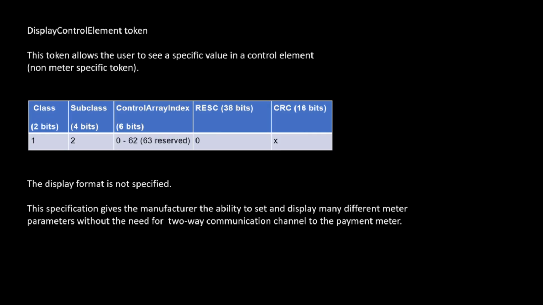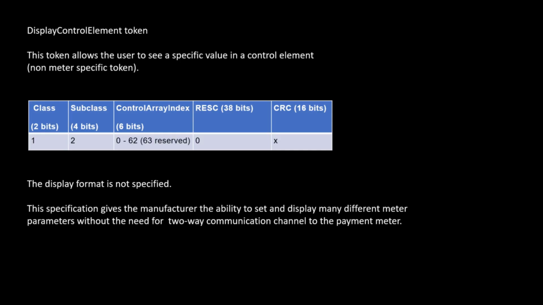Display control element. This token allows the user to see a specific value in a control element. It's also a non-meter specific token, so it should be able to be read by any meter. In fact, not decrypted because it's an unencrypted token. The display format is not specified, so it gives the manufacturer the ability to set and display many different meter parameters without the need for a two-way communication channel to the payment meter.